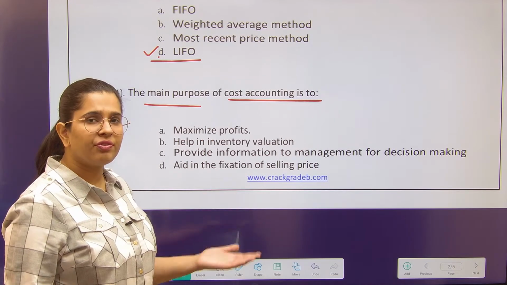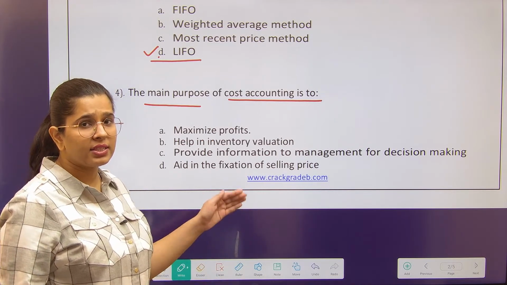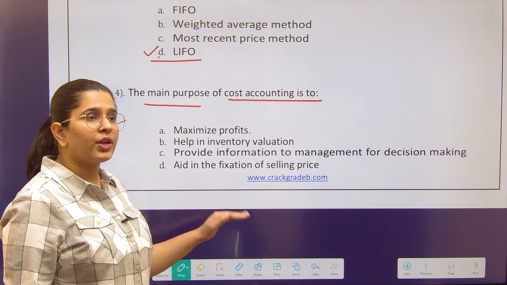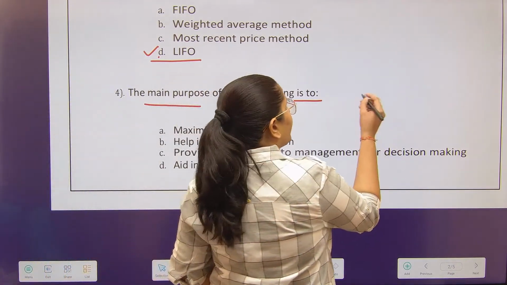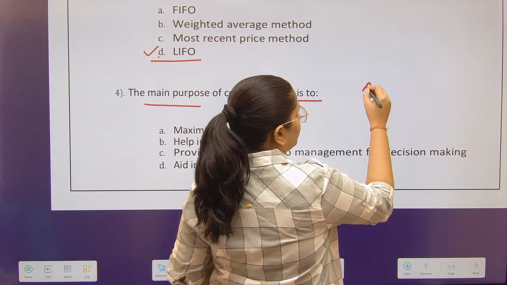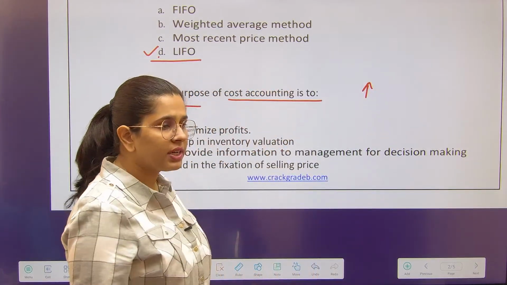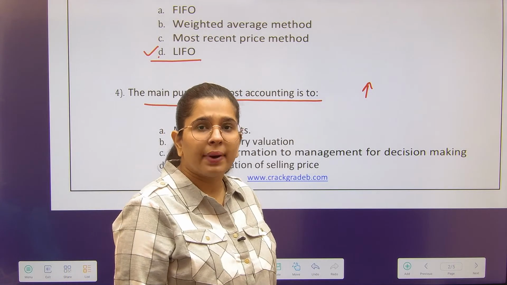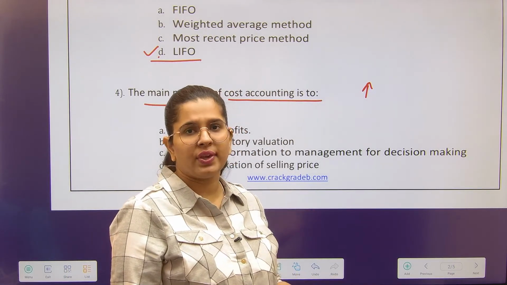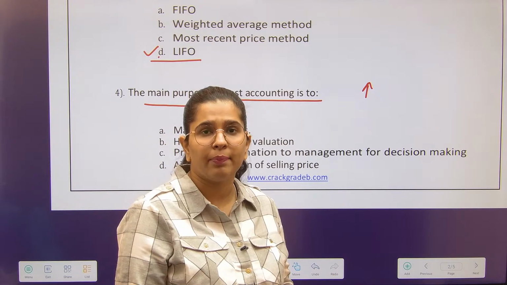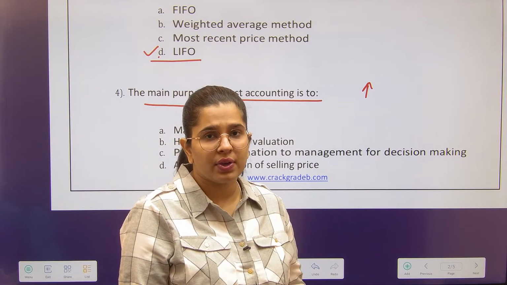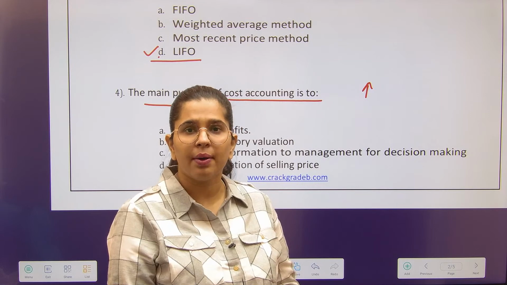I'll not be able to differentiate among these four, and that's how you lose marks. The question which will come in your exam, the level of difficulty will not be that much. But the thing in which we get lost is that we do not have a hold over basic things. And that's where we tend to lose our marks.